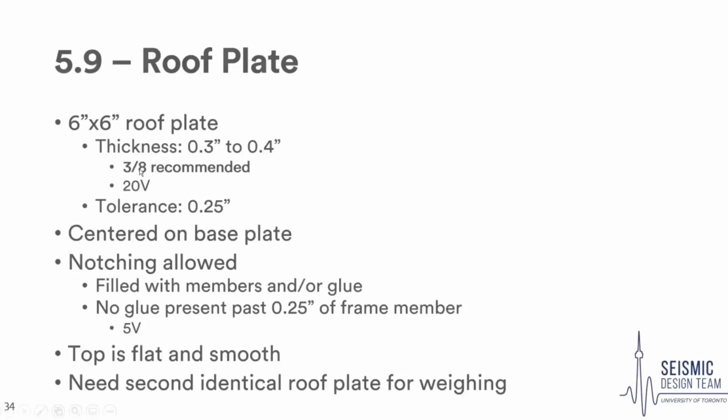We had a big issue this year where I forget what we used. I think we used 7/32 because it was a little bit thinner, and so our tower would be a little bit lighter, which is cool. But what ended up happening is we forgot our second identical roof plate in Toronto, and America does not sell 7/32 plywood in San Diego apparently.